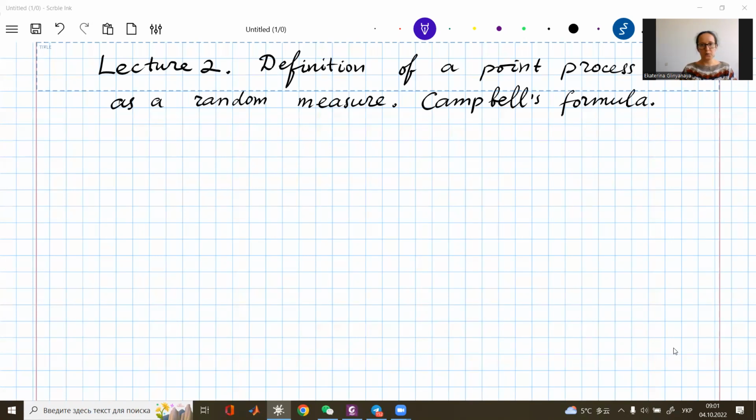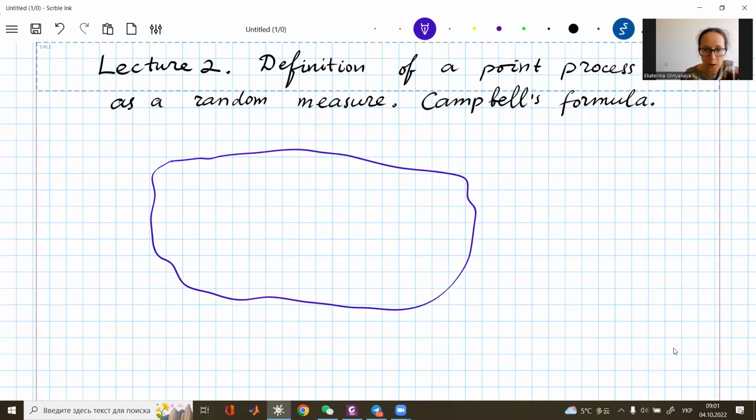So on the previous lecture, we saw some examples of a point process, and I assume you have such a picture that a point process is some random collection of points in the space.